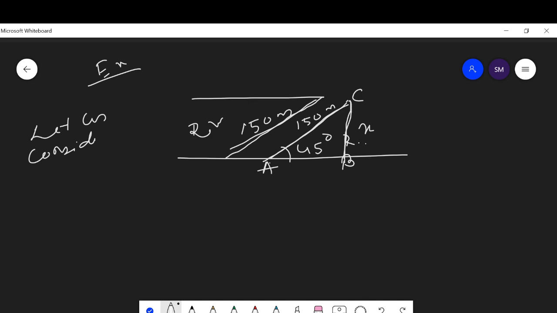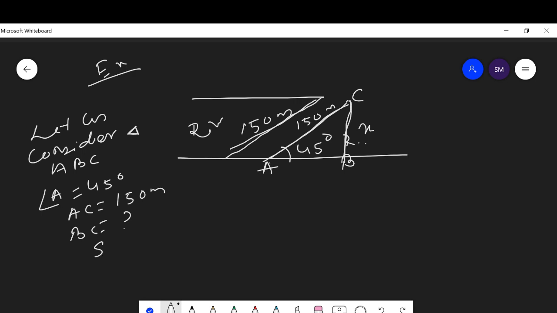We have to find the width of the river. In triangle ABC, angle A is given as 45 degree, AC is the hypotenuse, 150 meter, and we have to find BC, the width of the river.